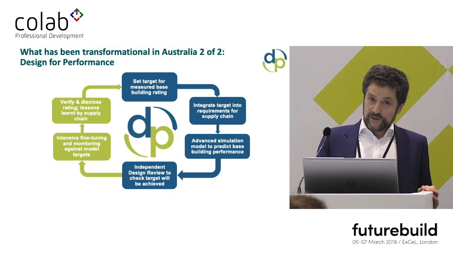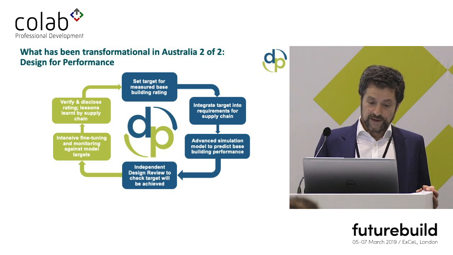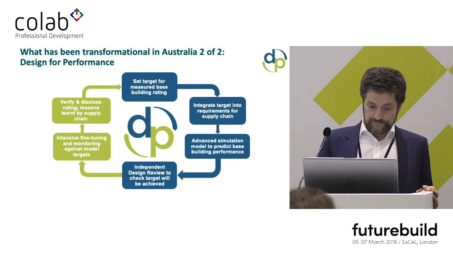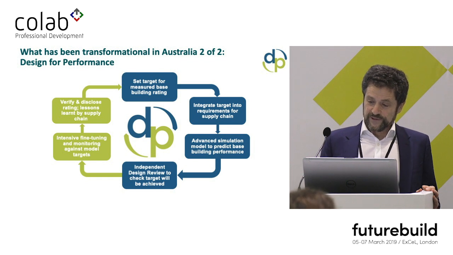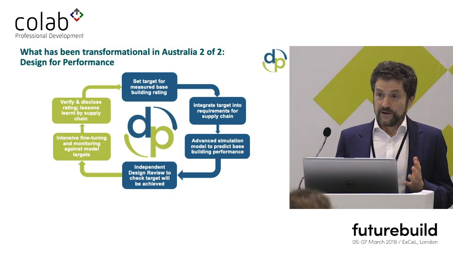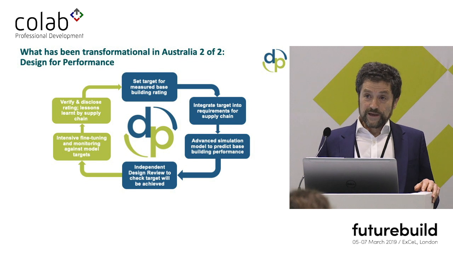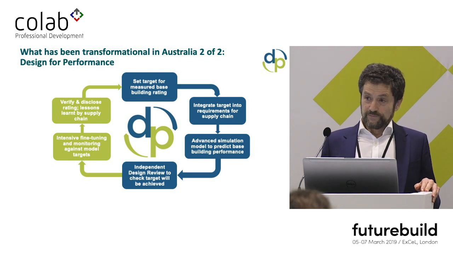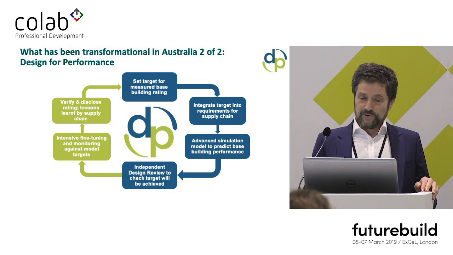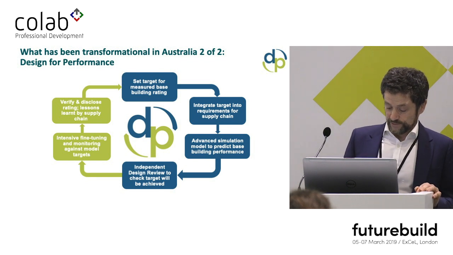Very critically, once the building's been in operation for a year, they have an accredited process for measuring, rating, and disclosing the base building performance. And last, and definitely not least, that rating, by being made available to everybody, including the designers, creates an invaluable feedback loop so that people know, did their design actually work?